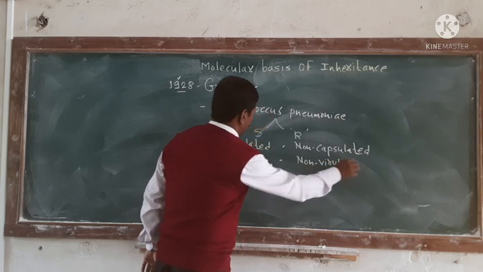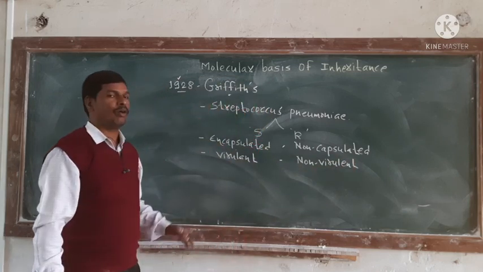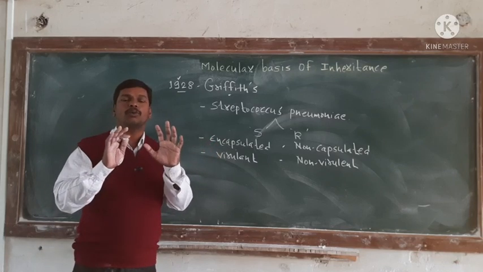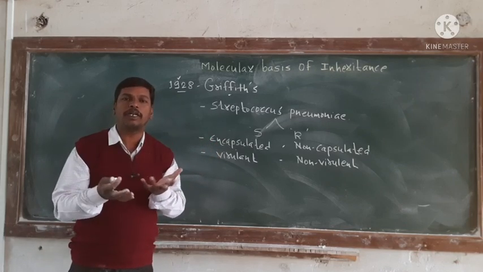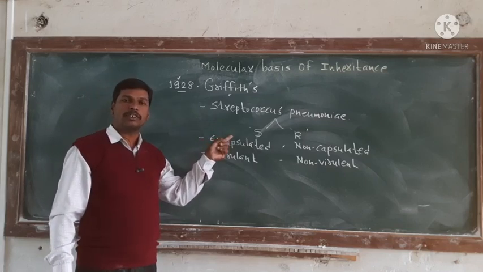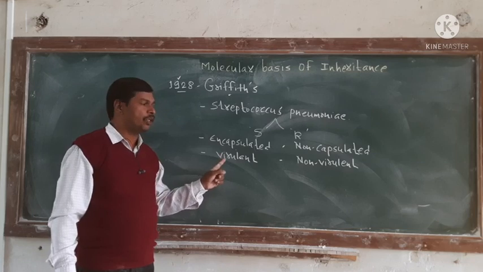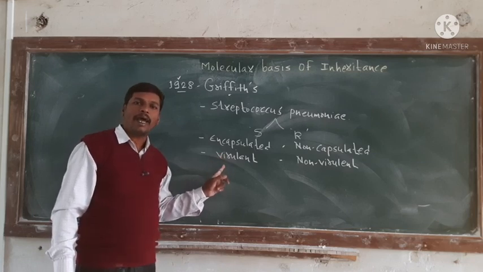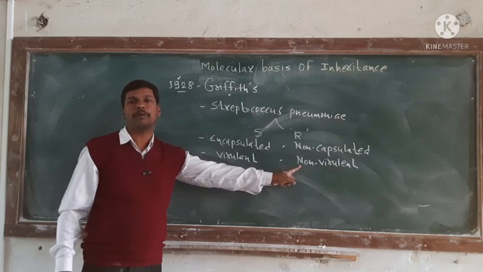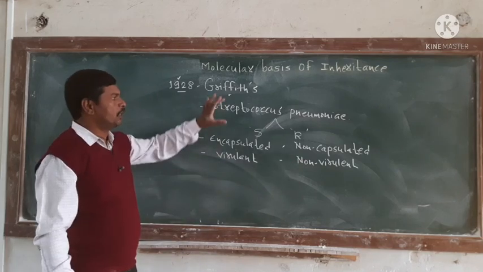Now when we say virulent and non-virulent, a bacterium that has the capacity, after infection, to form a disease is said to be pathogenic, or virulent. It has a capacity to create the disease. The other has no capacity to cause disease after infection.